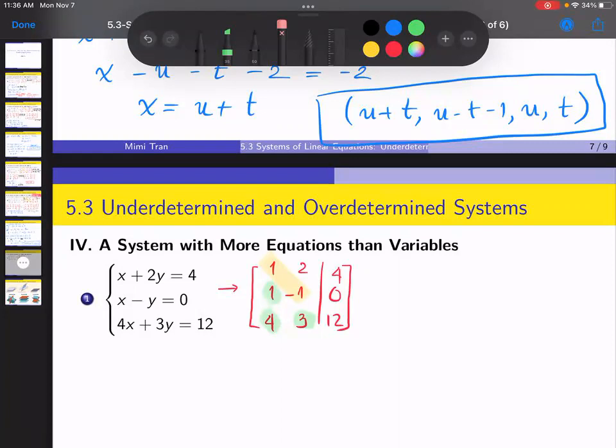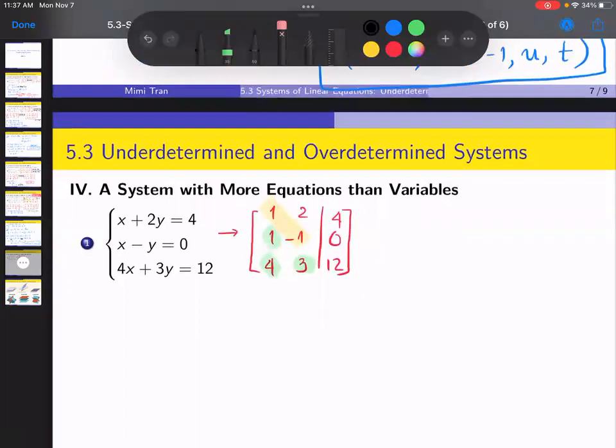Let's see. Oh, we can't do it after. Because if there's no solution, I can show you why. You guys got it? No solution? Yeah, but I think that's what it is. Negative 5? No, that's 3? Makes sense.